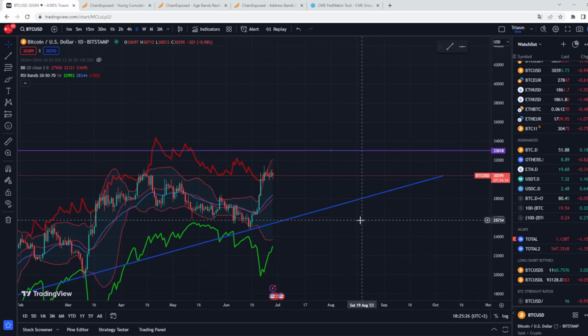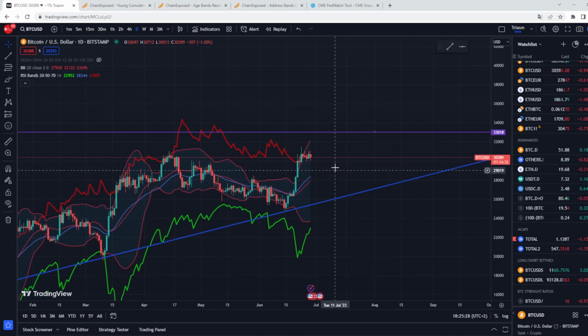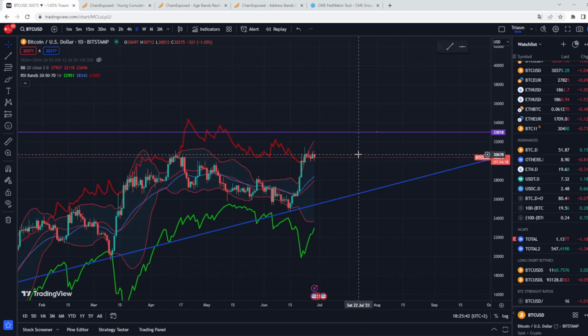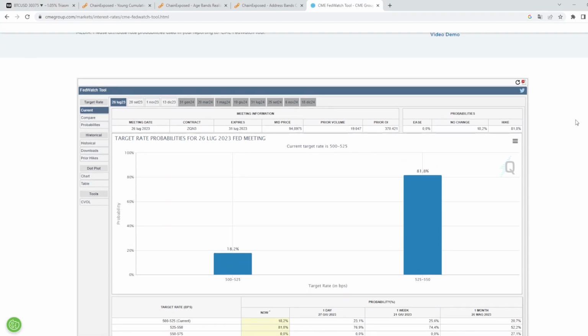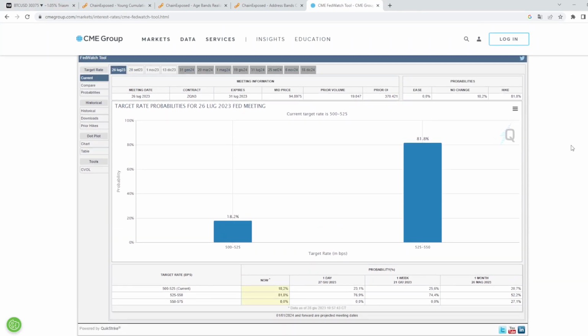But another thing that coincides with what we expect is going to be the next drawdown to grab liquidity at the 27, 28k level, maybe with a shadow to the 26k level, reaching for this kind of trend line right here that supports the price. This is because of the Fed Watch tool here that says to me that something changed.